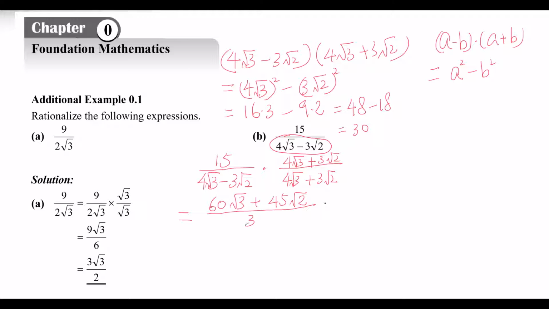Just now we have calculated the value. And then if you look at this again, we can cancel each term by 15, because 15 is the common factor. Therefore, it is 4 square root 3 plus 3 square root 2, and then divided by 2.